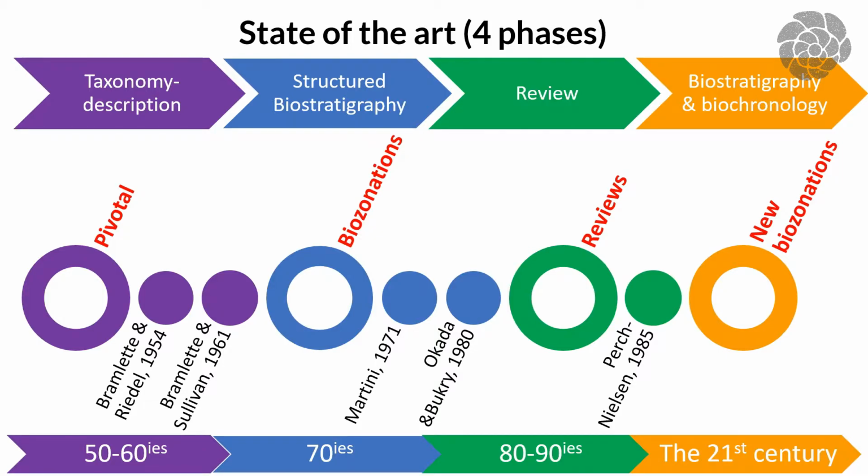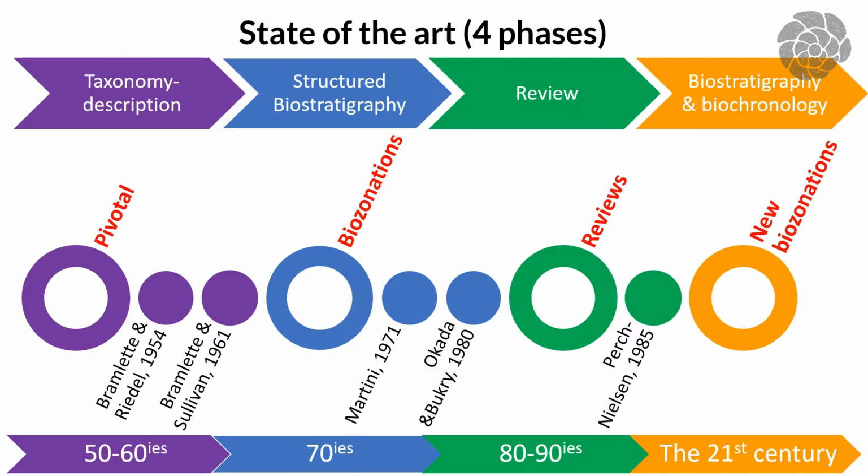This phase occurred in the 50s and 60s. Then you have a second important phase that I call biozonation, in which the two standard biozonations were published, in the 70s. During this time, we were able to produce a more structured biostratigraphy.